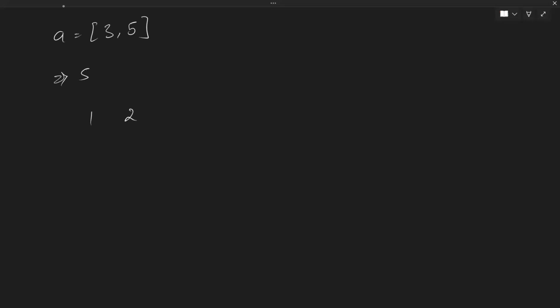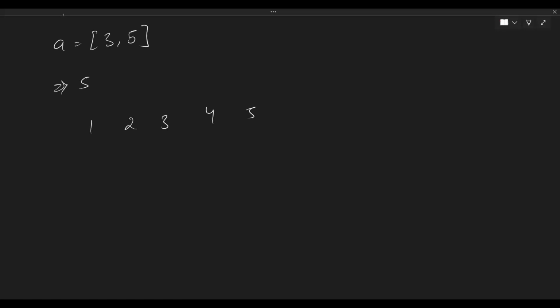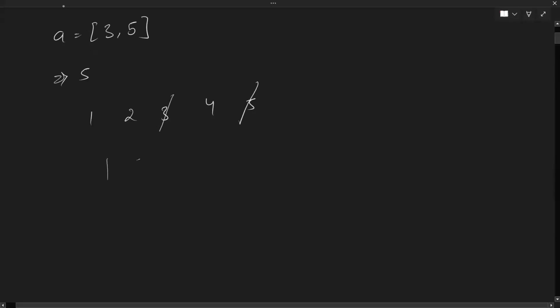So the players are 1, 2, 3, 4, and 5, lined up. 3, 5 means that in each round, the players that are going to be removed are the third and fifth. So the third and fifth players are removed. Then we are left with 1, 2, and 4.